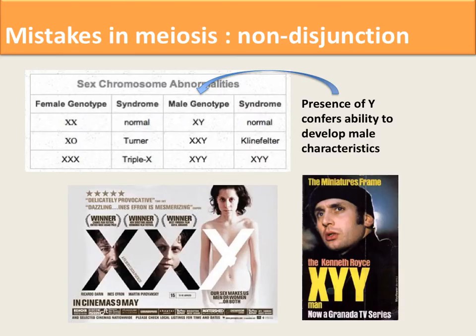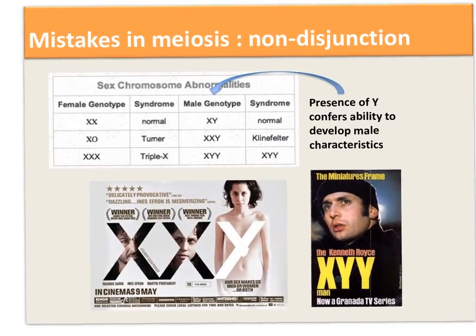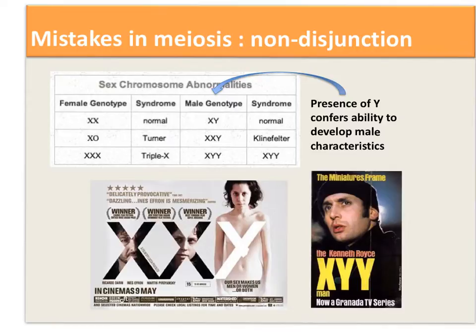Okay. Now, there's some other things that can happen. Other mistakes in terms of non-disjunction. Okay. Now, a female, remember, the genotype without a Y chromosome will exhibit feminine characteristics.